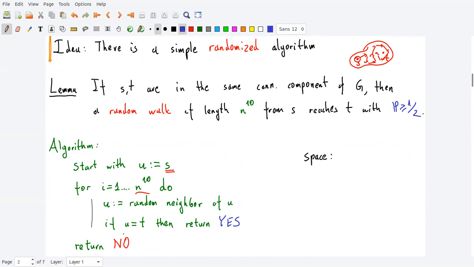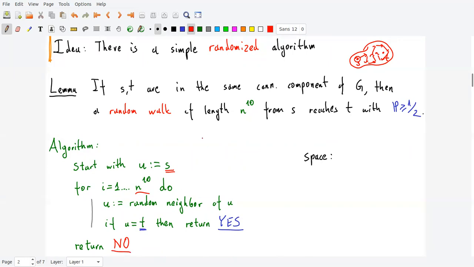If at any point the target vertex T is reached, we return yes, there is a path from S to T. Otherwise, if during these n to the 10 steps we have never found T on our way, we answer no.